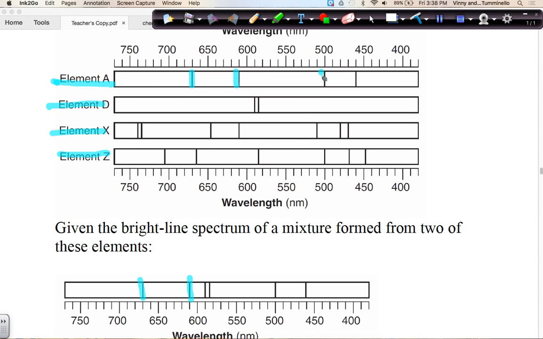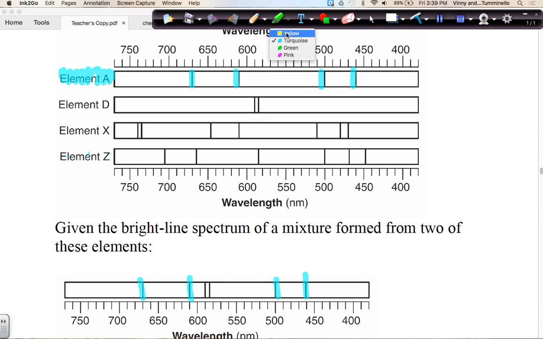It has one at exactly 500, and the mixture has one at 500. It has one at 460, and the mixture has one at 460. So that tells me that element A is completely represented in the mixture because all of the lines from element A are represented down here.